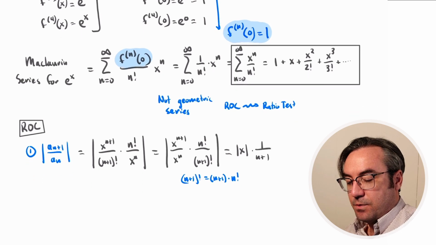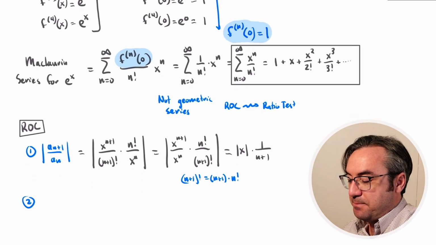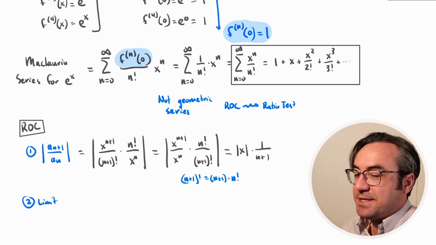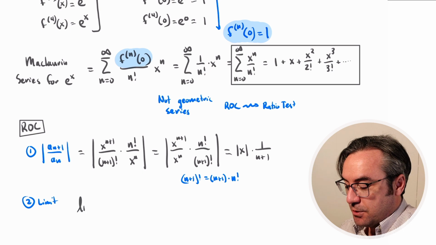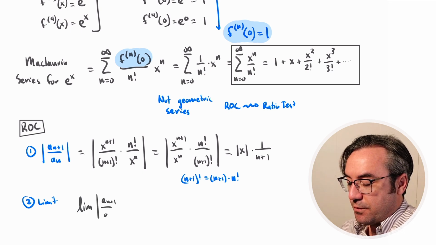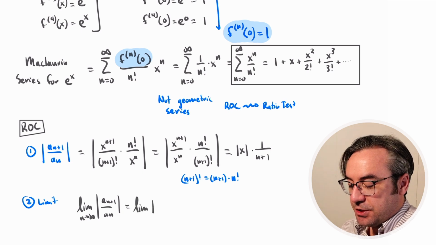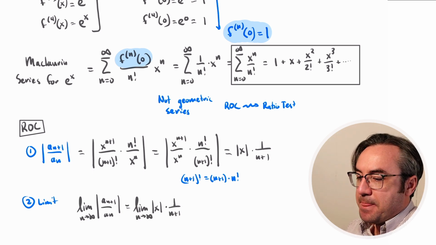Then, once we've done that, we do the limit. So we do our ratio test limit: the limit of the absolute value of a_(n+1) over a_n, with n going to infinity. Let's use the simplified version: absolute value of x times 1 over n plus 1, with n going to infinity.